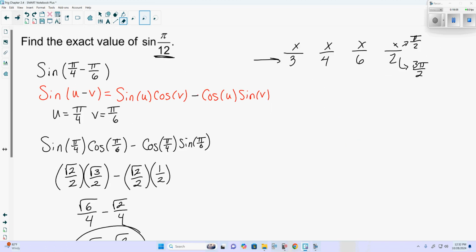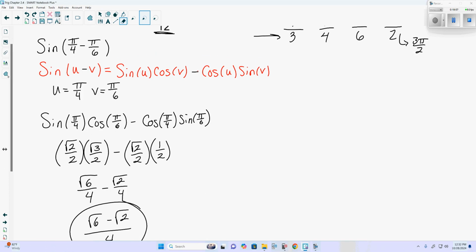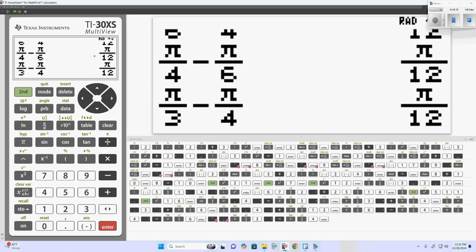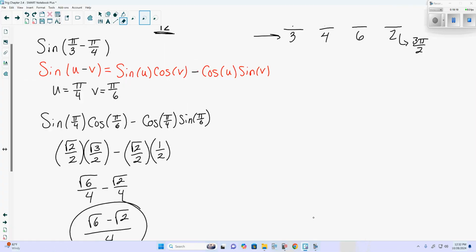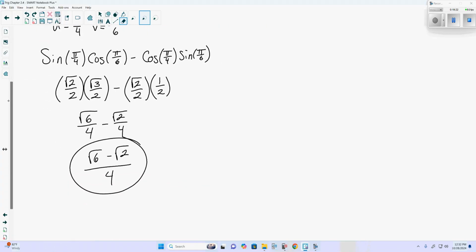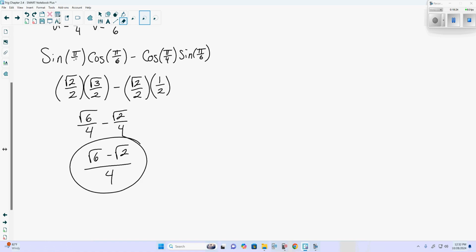Now, as we just saw, instead of pi over 4, as we also saw, pi over 3 minus pi over 4 gave us pi over 12. If I did this here, pi over 3, pi over 4, you don't have to rewrite this.